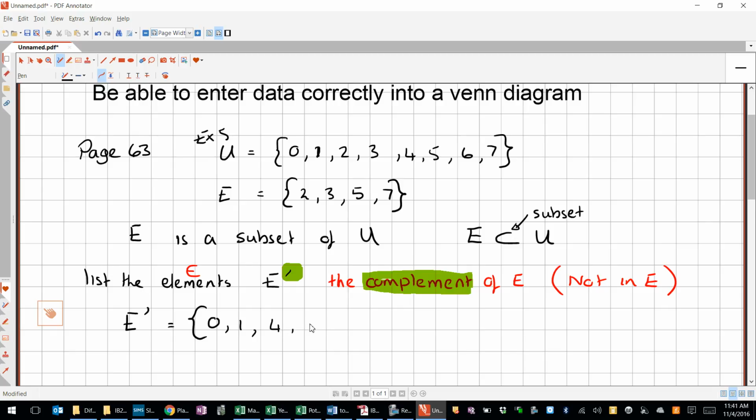Anything else? No. Just to check, what we can do is we can identify that 2, 3, 5 and 7 are in E, so it's the ones that are left that we should have written: 0, 1, 4, 6, which it is, so we're fine. We're good. Okay.